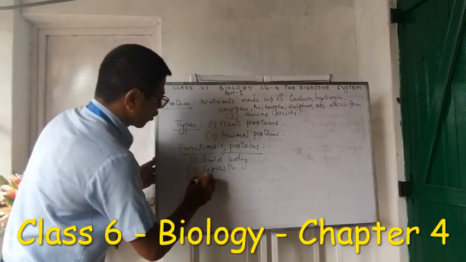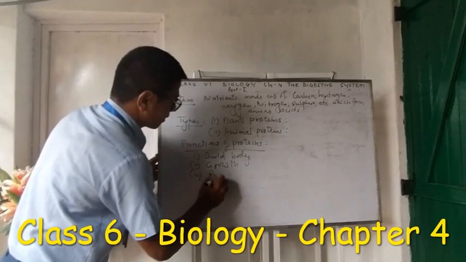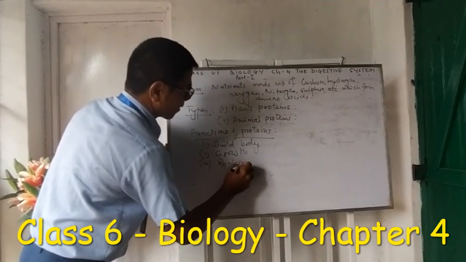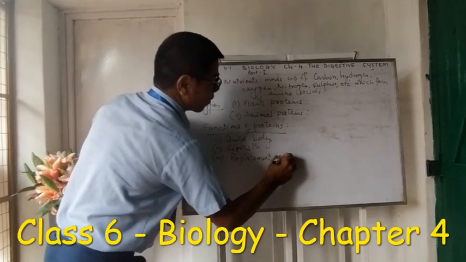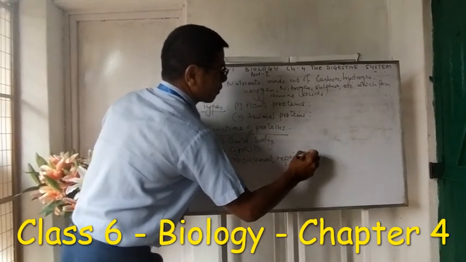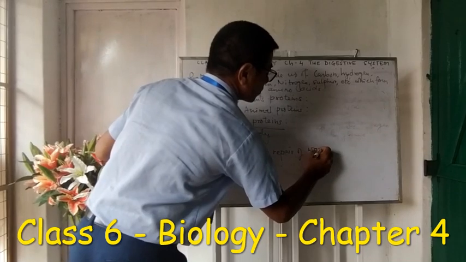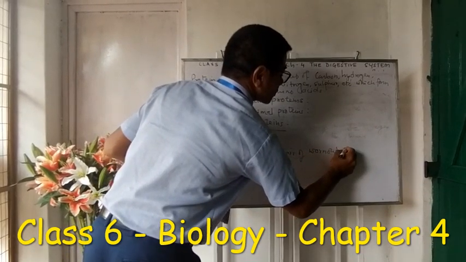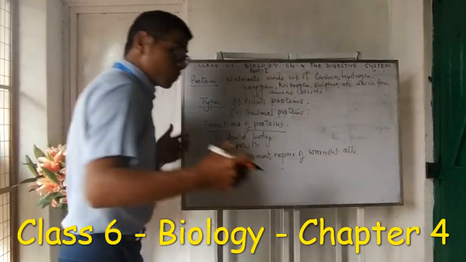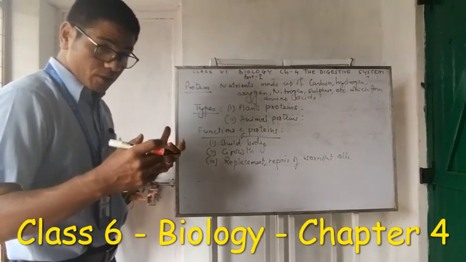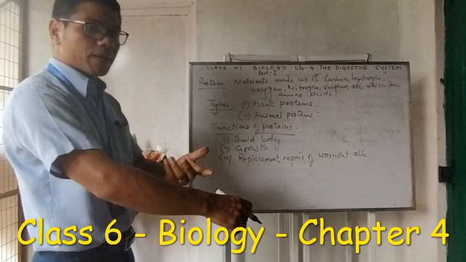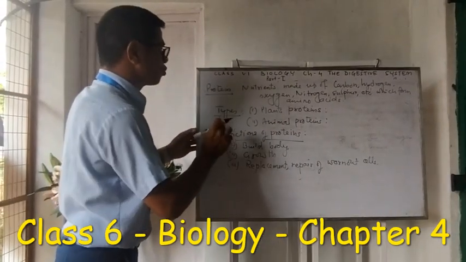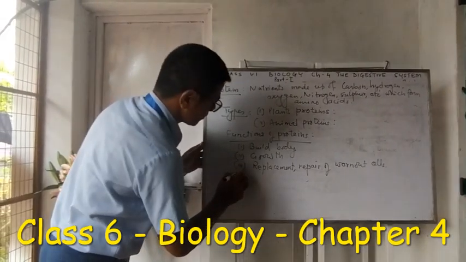Then, protein also helps in replacement and repair of worn out cells. Our body sometimes gets damaged. When it is damaged, again it gets healed. Again it becomes okay. That is due to the help of protein.